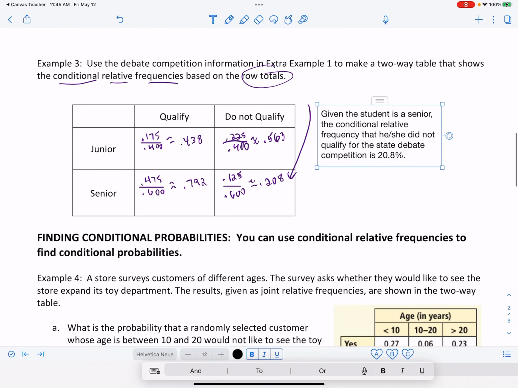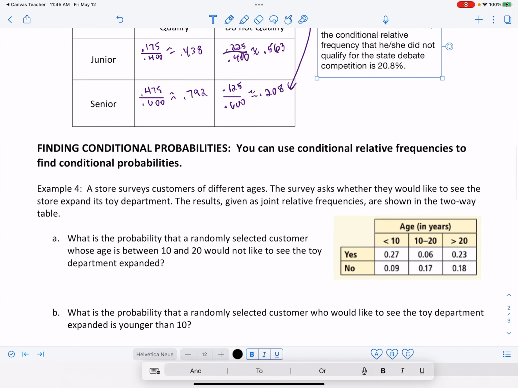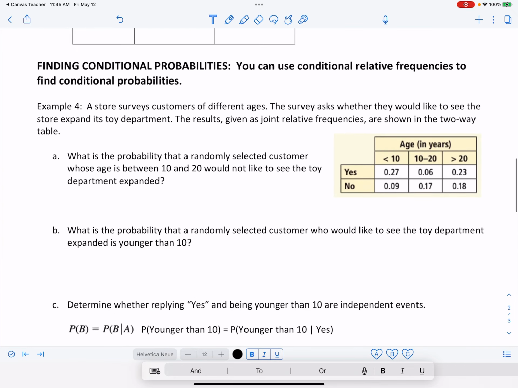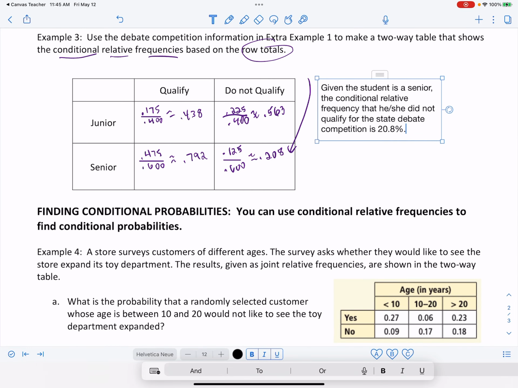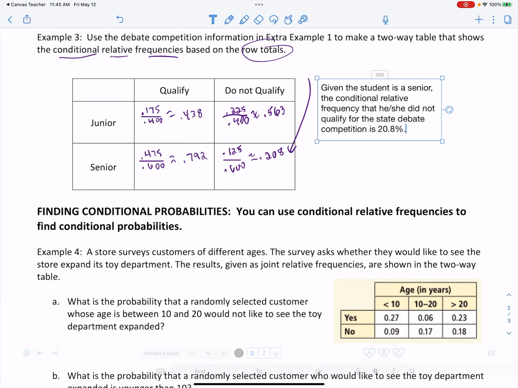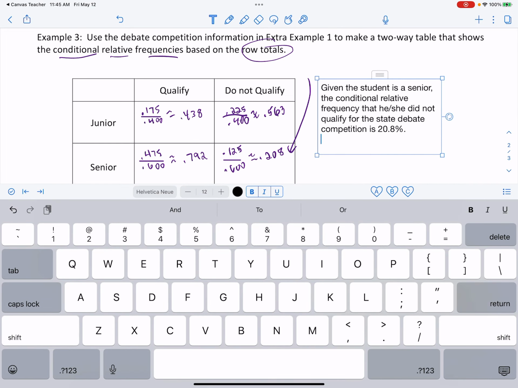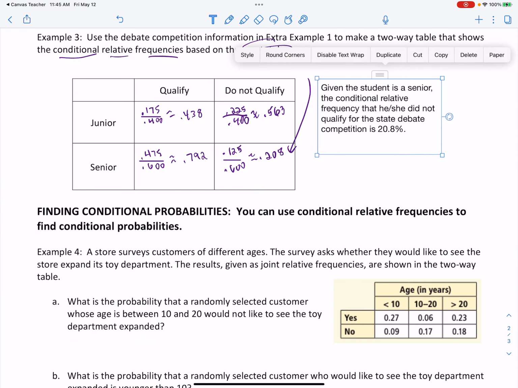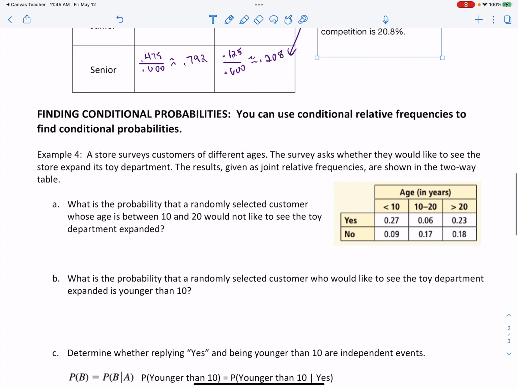All right. And then finding conditional probabilities. You can use the conditional relative frequencies in order to find conditional probabilities.